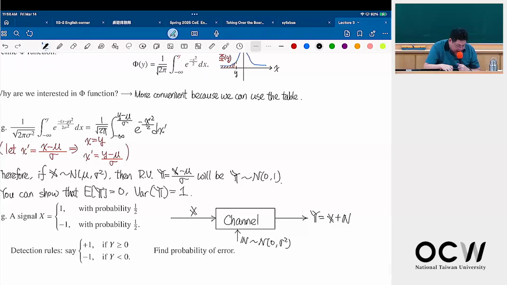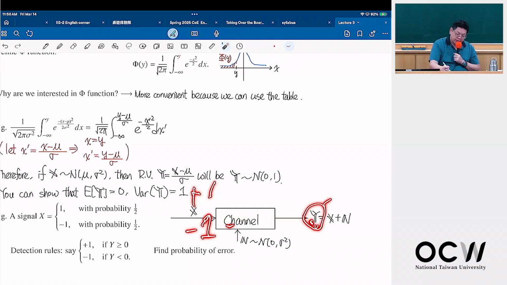Here are the detection rules. If Y is greater than or equal to 0, I say I receive +1.